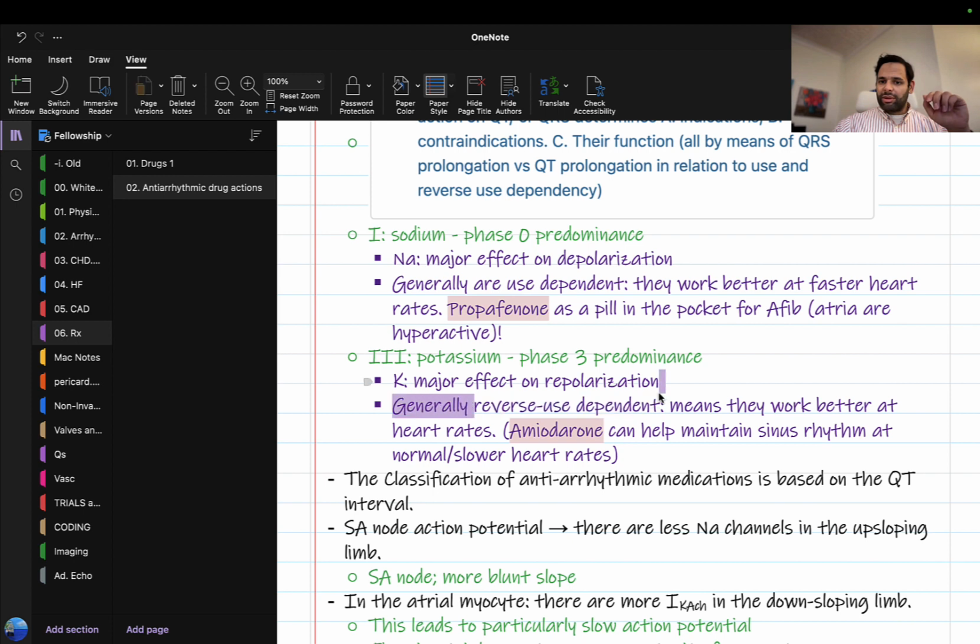They're the opposite. They're the ones that'll work better at slower heart rates. So if I give propafenone to stop an atrial fibrillation, in use dependency at a fast heart rate, then I can give amiodarone to maintain sinus rhythm because that'll work at the slower rates and it'll prevent arrhythmia. And so it helps at rhythms with normal or slow heart rates.